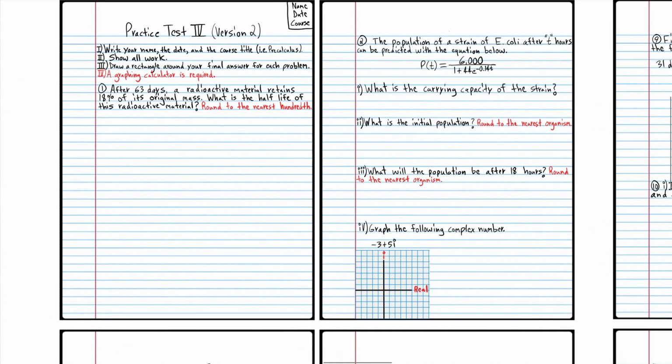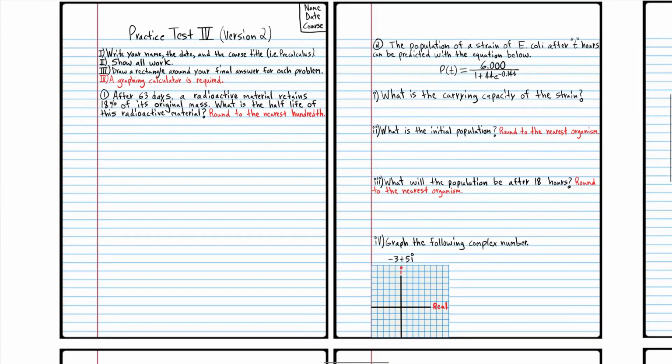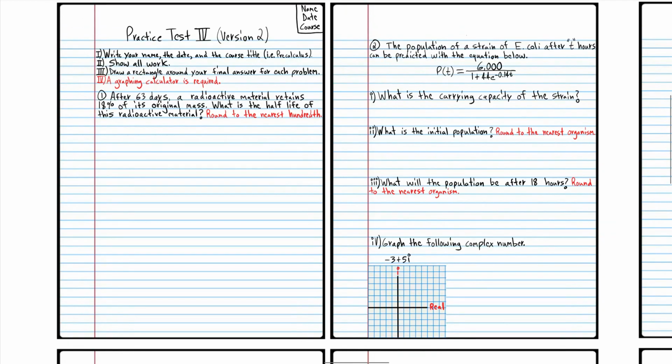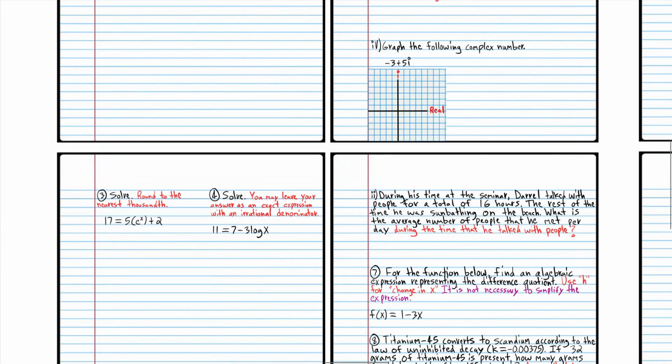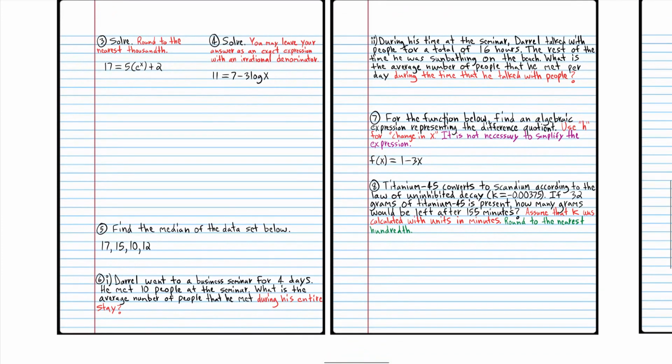So here's screenshot number 1 of your homework. This is practice test version 2. You did version 1 just now. We did that together. Here's screenshot number 2 of the practice test version 2.